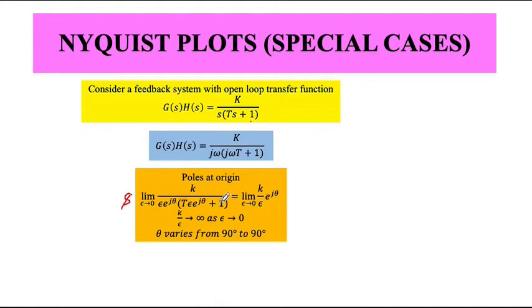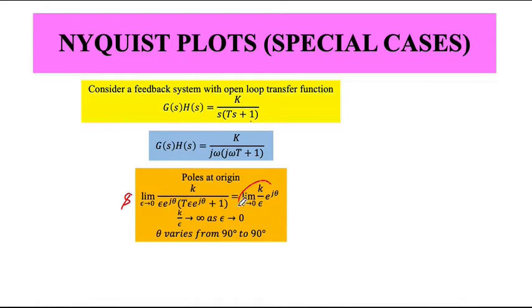Where will this little region map in the QS plane? The function will be k by epsilon, where epsilon is approaching 0.